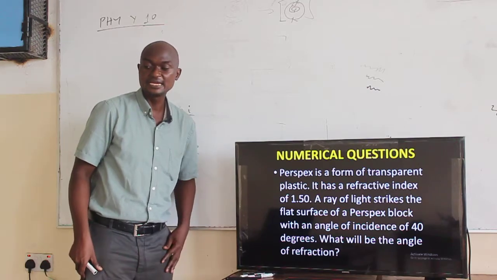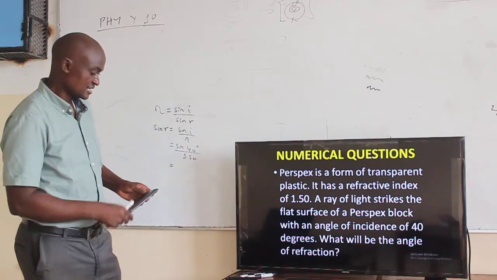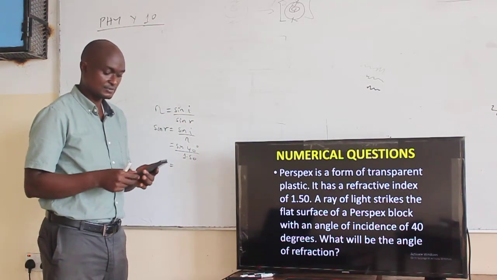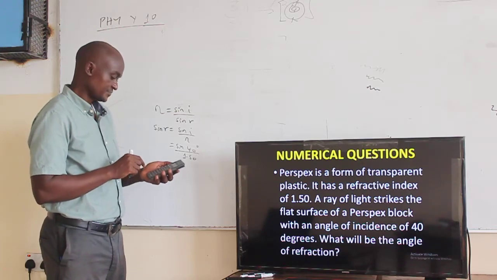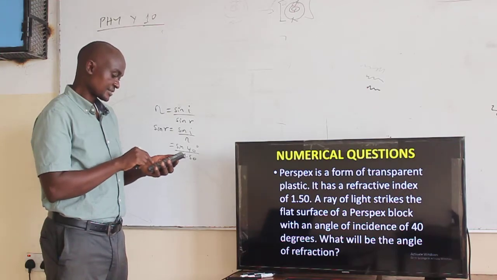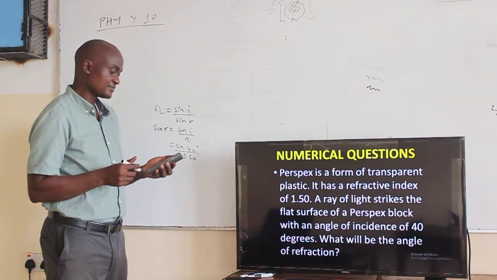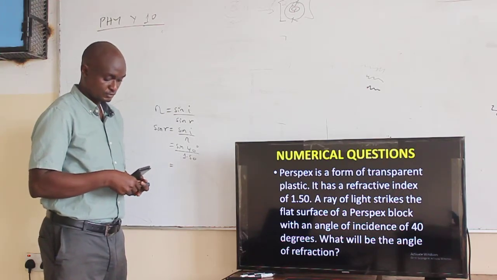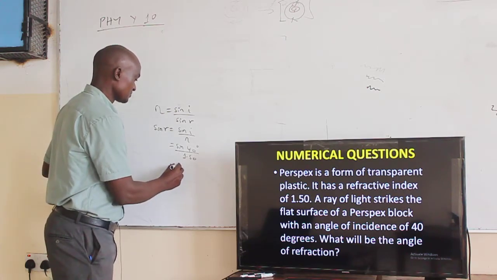Of course, having a scientific calculator makes your work easier. So, sine of 40 divided by 1.5, I get 0.4285.